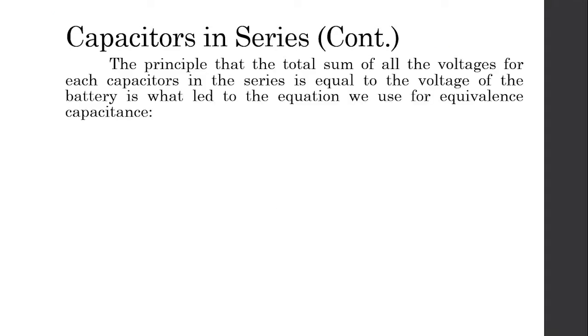Continuing on. This principle actually makes sense because the total sum of all the voltages for each capacitor in the series is equal to the total voltage of the battery, which is actually the reason how we were able to create the equation for equivalent capacitance. We managed to create the equation for 1 over CEQ because we understand that the individual voltages of each of your capacitors in a series add up to the voltage of your battery.